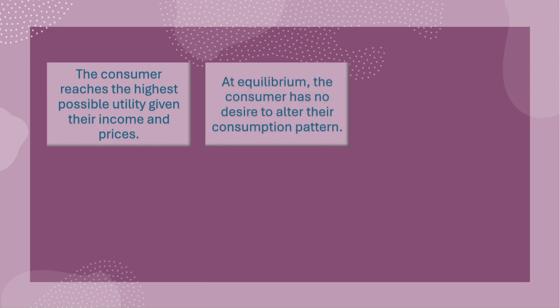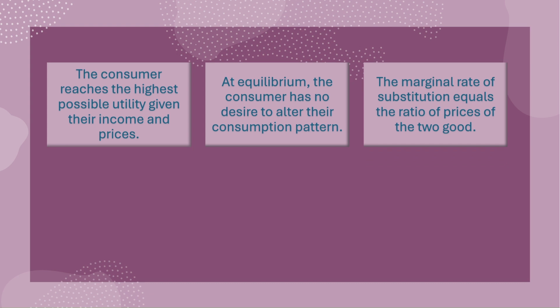At the equilibrium point, the consumer has no desire to alter the consumption pattern, which means they are very satisfied with the combination they have at that point, x star, y star. And from the graph we have seen the marginal rate of substitution equals the ratio of prices of the two goods. We will look at that.